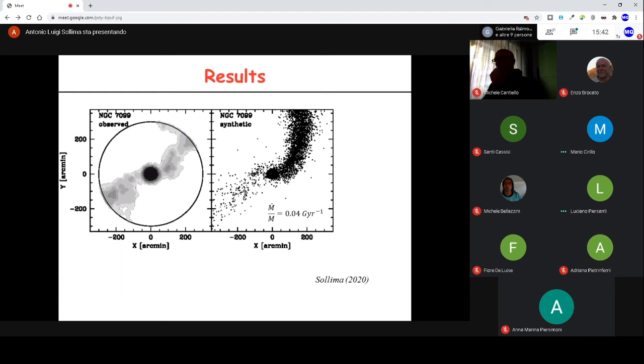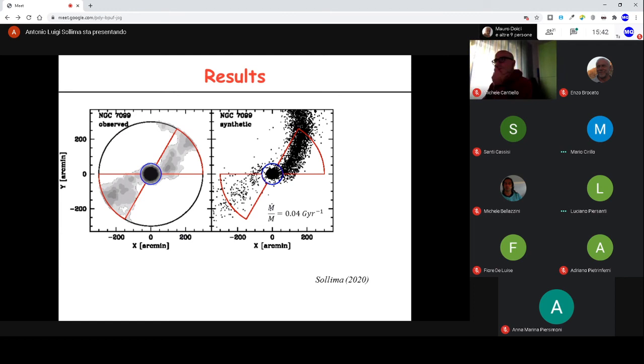So you can see that the stars are distributed more or less in similar ways, so you can define 2 regions, one encompassing the 2 tidal tails, and one containing the cluster center. So you can calculate in both cases the ratio of the integrated density of the 2 regions, or in the other case, the ratio of the number counts.